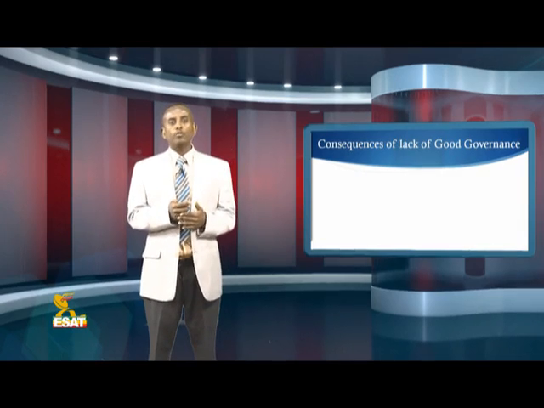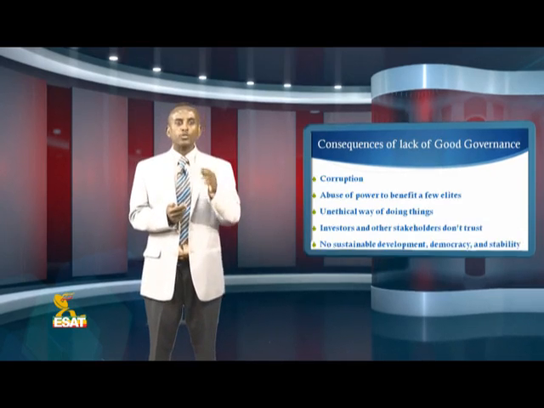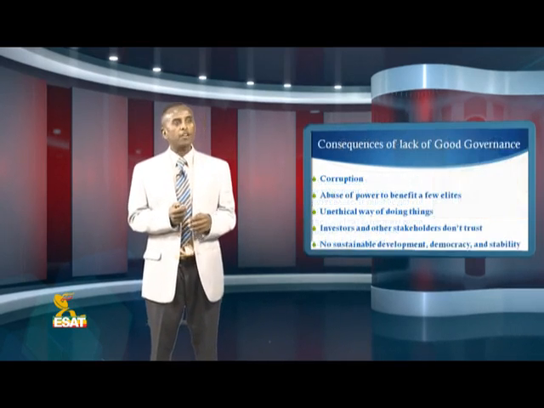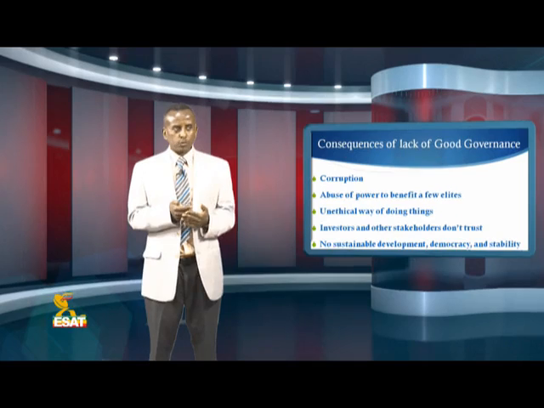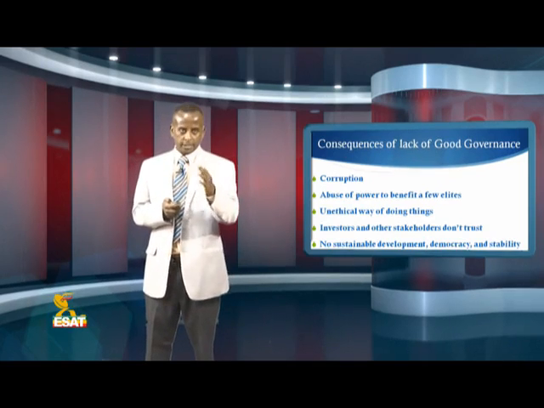The next question is, what are the consequences of lack of good governance? There are lots of consequences when we don't have good governance. The first and the most important consequence is corruption. When there is no good governance, corruption is imminent. There will also be abuse of power to benefit a few elites.